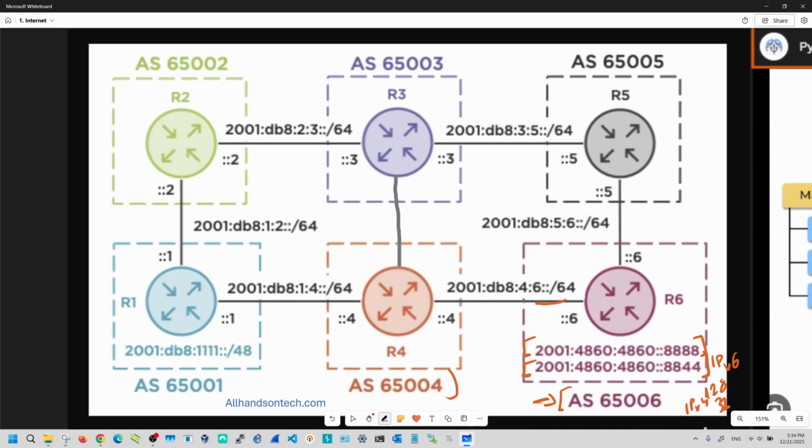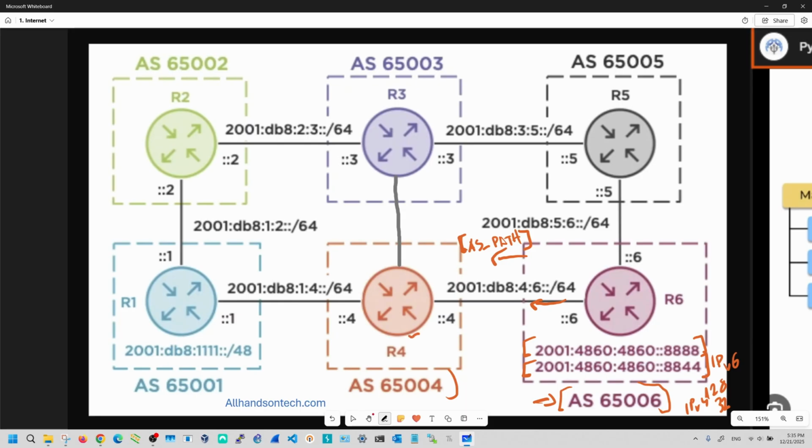As this autonomous system is advertising this IP prefix, it will not only advertise the IP address, it will also add attributes to this route, and one of the most important attributes is called AS path. As this route exits the autonomous system, the router will append its own AS number to the route to let the neighbor know which autonomous system this route originated from.